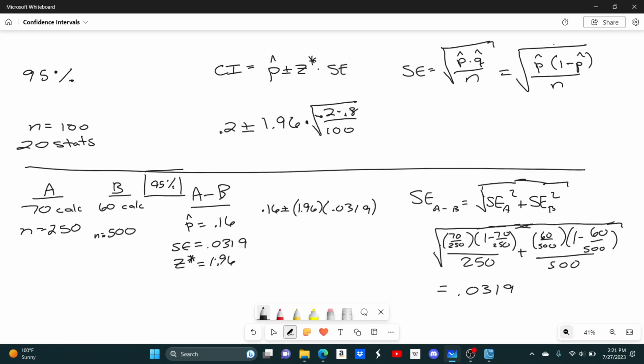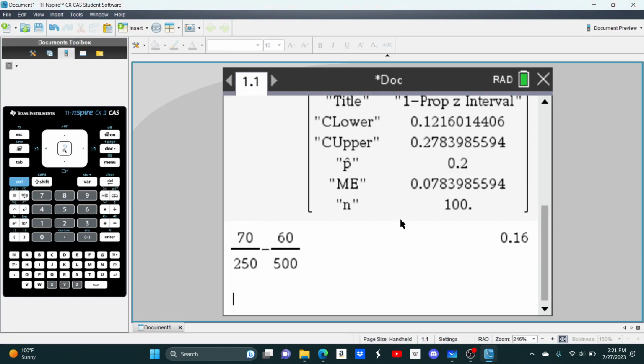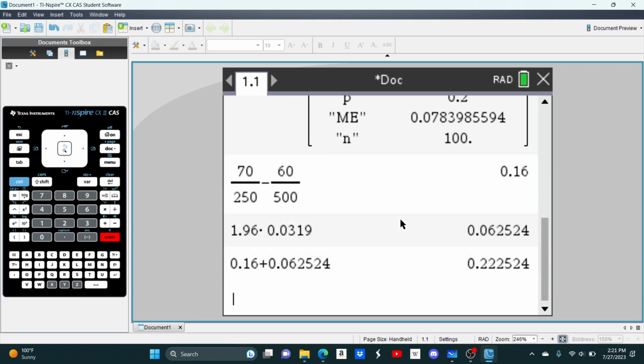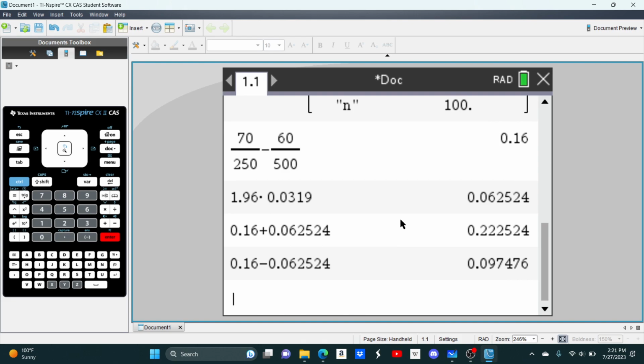So 1.96 multiplied by 0.0319, right? And then add that to 0.16 for the high end, subtract it from 0.16 for the low end. So it looks like it's anywhere between 0.097 and 0.223. That's the difference between population A and population B, school A and school B.